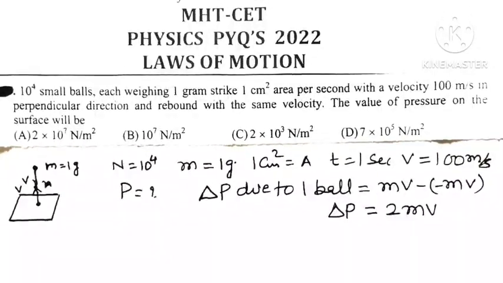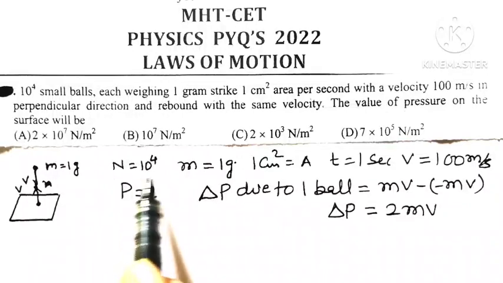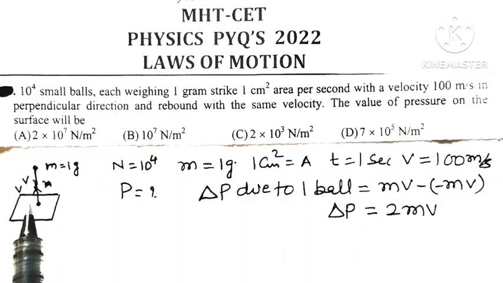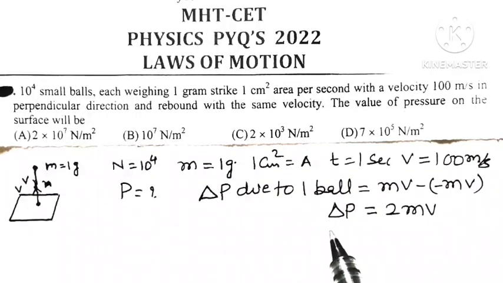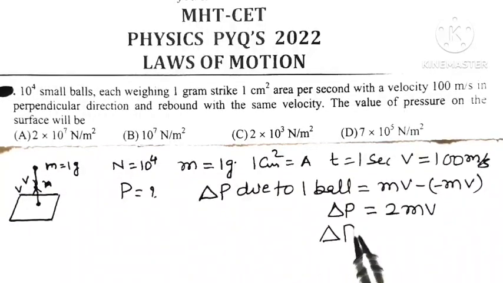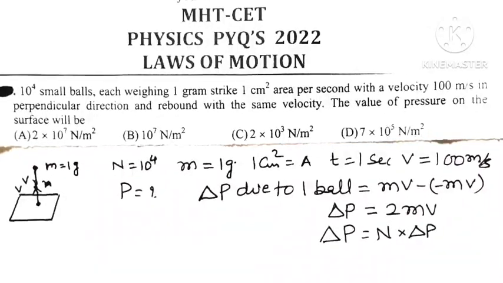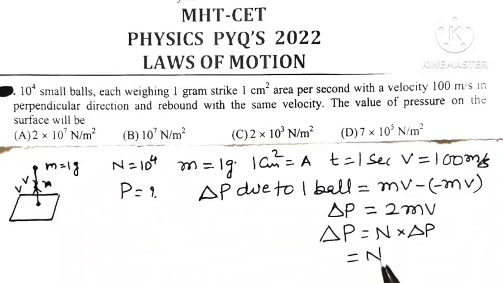Now because it is given that all 10 raised to 4 balls, that is n equal to 10 raised to 4 balls, will strike the surface, the net change in momentum delta p is equal to the number of balls multiplied by the change in momentum due to one ball. So that is n into 2mv.